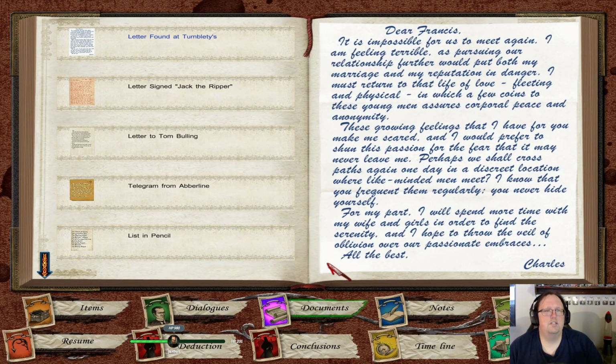Dear Francis, it is impossible for us to meet again. I am feeling terrible, as pursuing our relationship further would put both my marriage and my reputation in danger. I must return to that life of love, fleeting and physical, in which a few coins to these young men assures corporeal peace and anonymity. These growing feelings that I have for you make me scared, and I would prefer to shun this passion for the fear that it may never leave me.